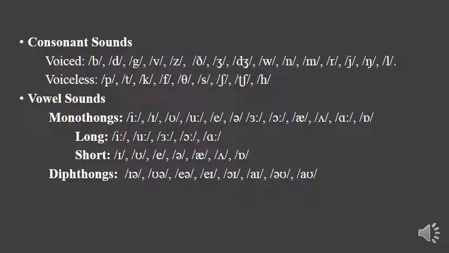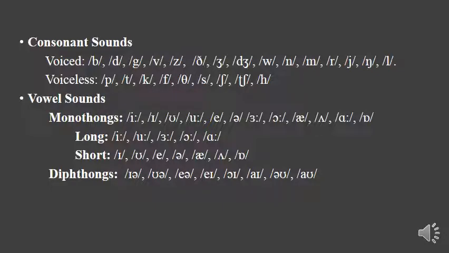That is the 44 sounds we have, and if you count them, you can find that they are 44. Under the consonant sounds, we have voiced sounds, and then the voiceless sounds. That is, we have 15 voiced sounds and 9 voiceless sounds.